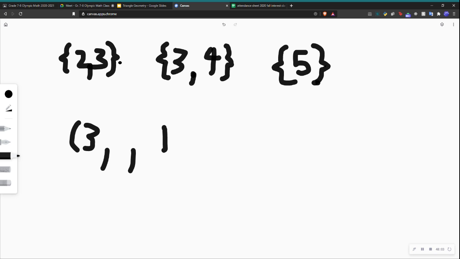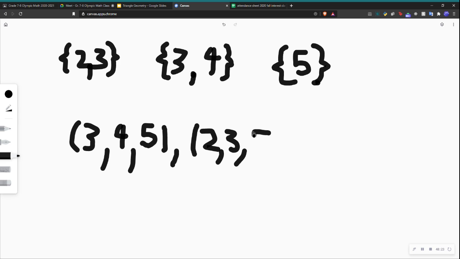Yep, so we can have 3, 4, and 5. What's another one? Just pretend we're not considering the properties. I just want all the possible combinations we can have. We have 2, 3, 5. All right, there should be 2 more.